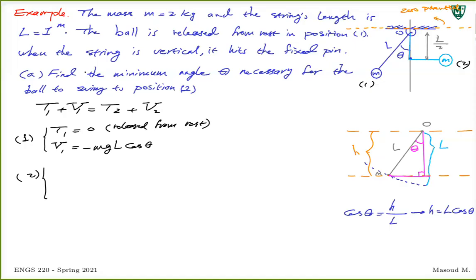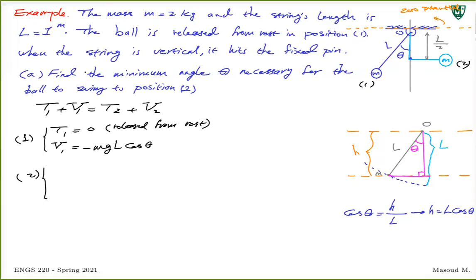I want it to reach position 2. If I don't move this away from the vertical position enough, if I don't store enough potential energy in it and let it go, this potential energy is not going to be enough when it is converted to kinetic energy to take this mass all the way to this horizontal position. It might stop before that. The energy is not enough. So there is a minimum amount of energy needed to take this ball all the way to position 2.